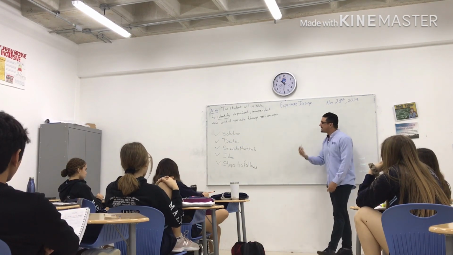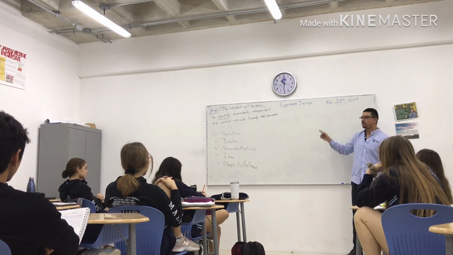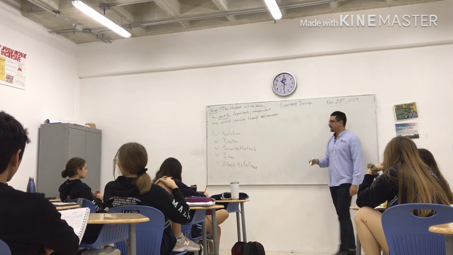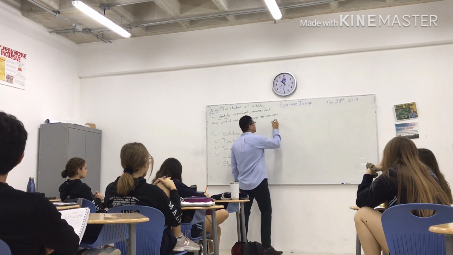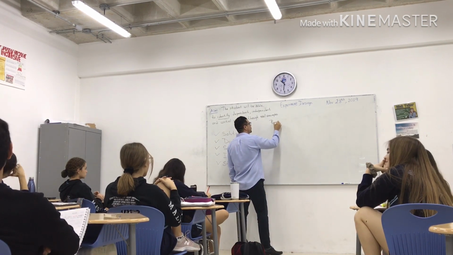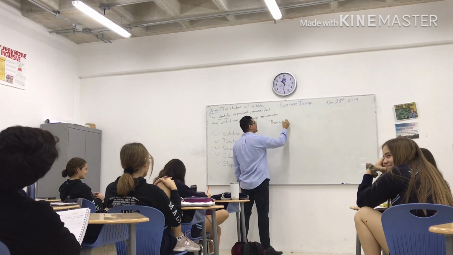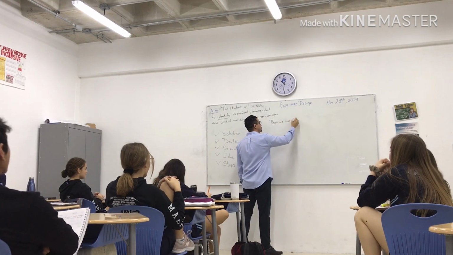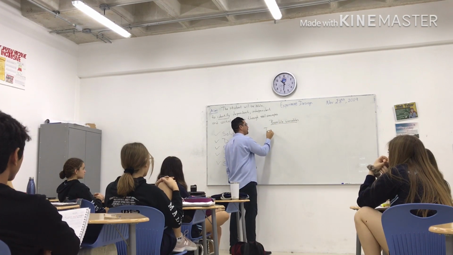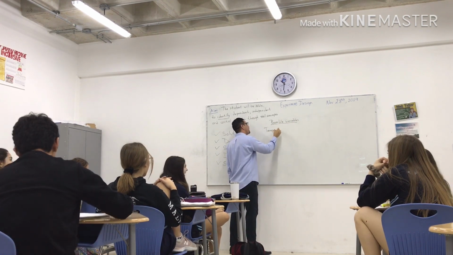Okay? So, let's list some variables that could be measured in the lab. Temperature. Good. Some variables. Okay, I'm going to put this as possible variables. Weight. Okay, Florencia just said, thank you, Florencia. Temperature.